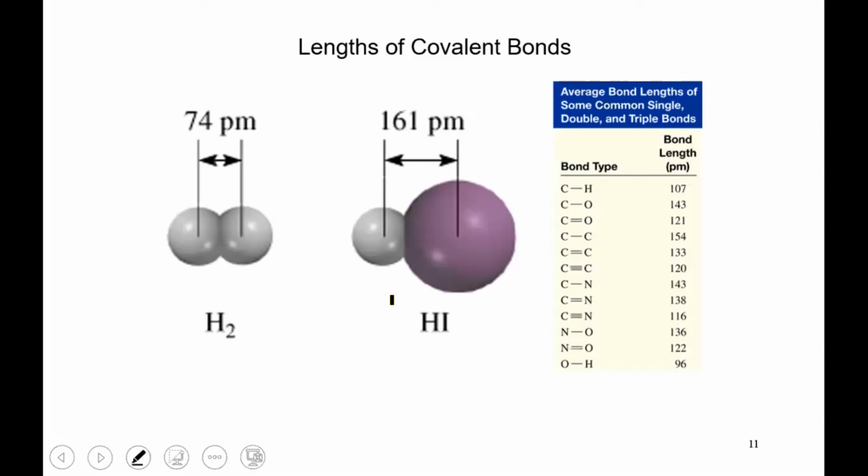It shows you different bonds of carbon, and nitrogen, and oxygen. And you can see that they're different sizes. Not only that, but there's a pattern you can see here which has to do with single, double, and triple bonds.